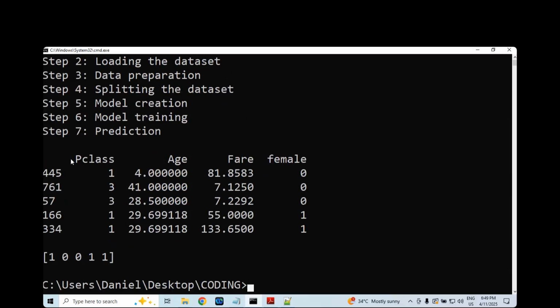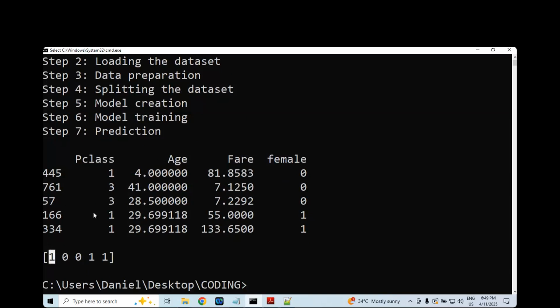First class, age 4 years, fare 81 euros, I guess, right? Zero, male. Zero, what exactly? Male. Survived, actually.